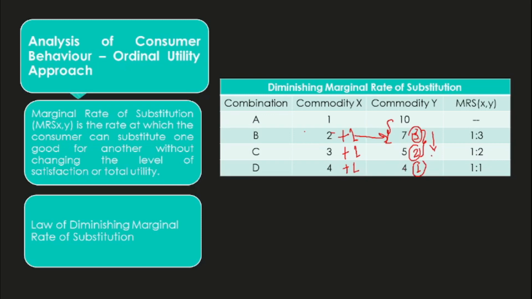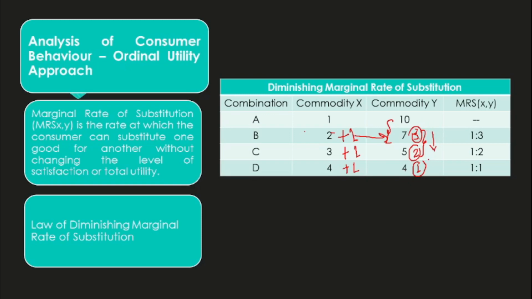So what does it mean? It simply says that the rate of substitution is diminishing. However, substitution is there because limited income is there. So if you want to increase the consumption of commodity X, you have to forego consumption of commodity Y. But the rate at which you were ready to substitute commodity X with commodity Y was higher initially, but subsequently it keeps on diminishing.